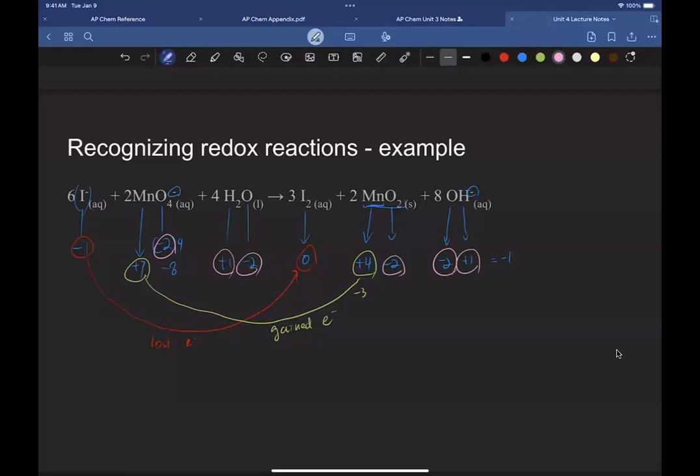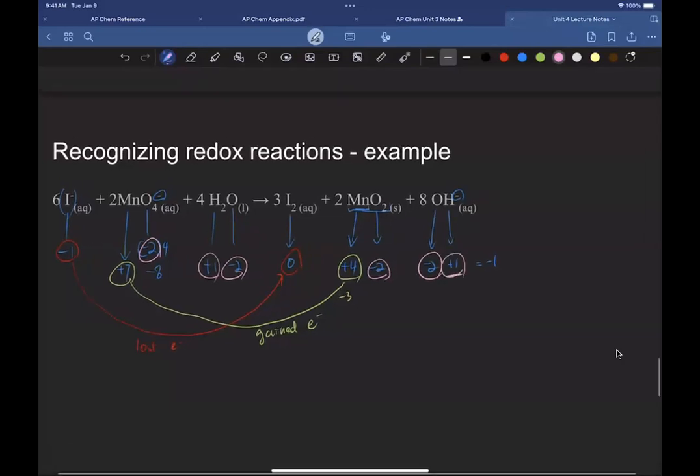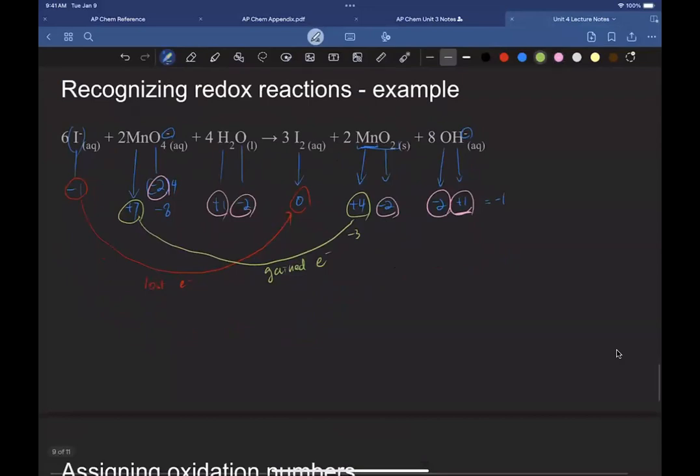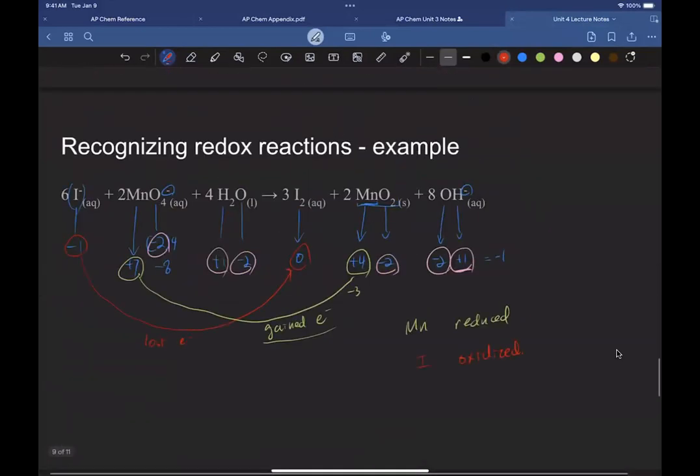It was +1, and on the product side it was still +1. So Mn, since it gained electrons, was reduced, and I was oxidized. Okay, so that's it for identifying which one was oxidized and which one was reduced.